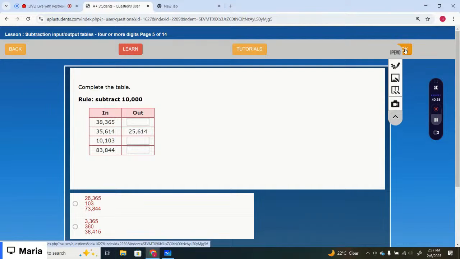Complete the sentence. Subtract 10,000, which is the correct option.